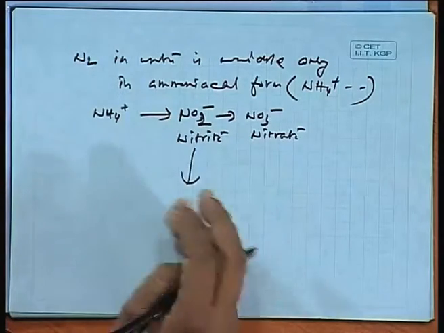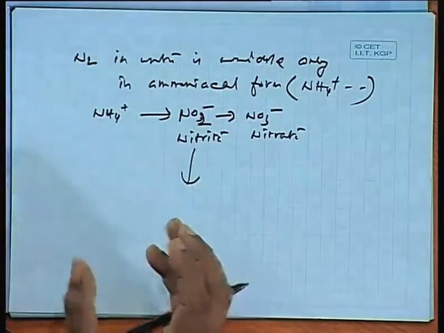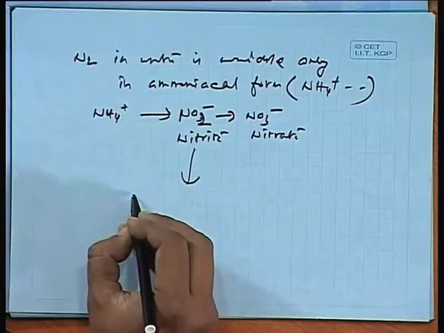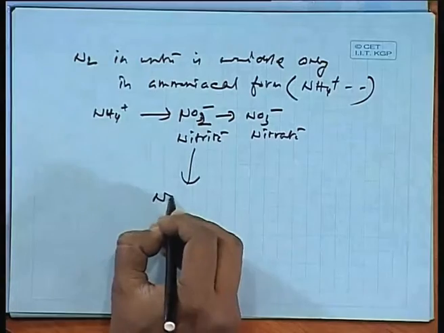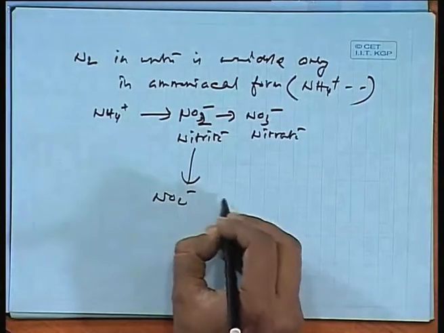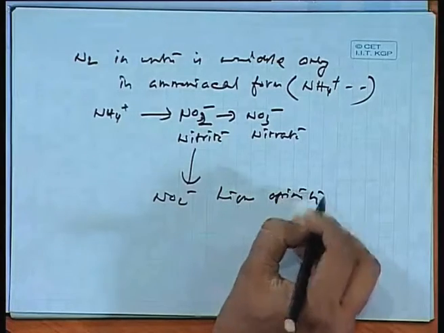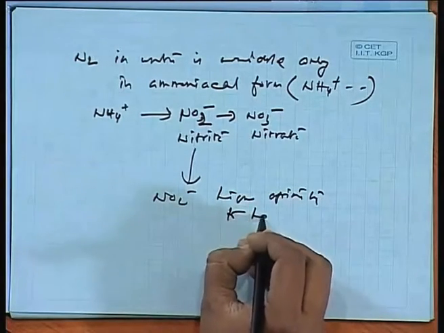their physiological system being somewhat fragile till that point of time, this would lead to this. Nitrite has a very high affinity to hemoglobin.